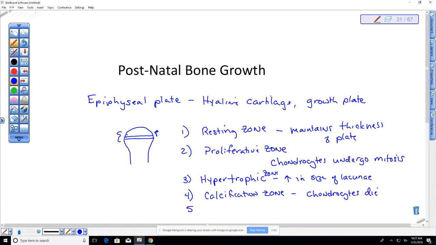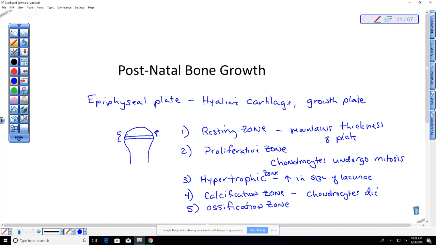And then the final zone is the ossification zone. And this is where we get new bone cells that are then going to, if we think about the diaphysis, it is mainly the medullary cavity.